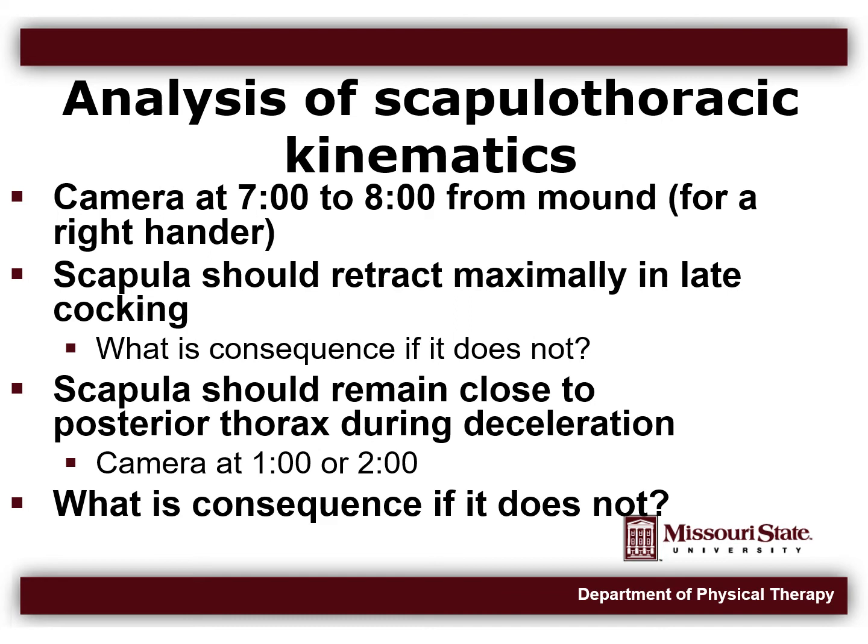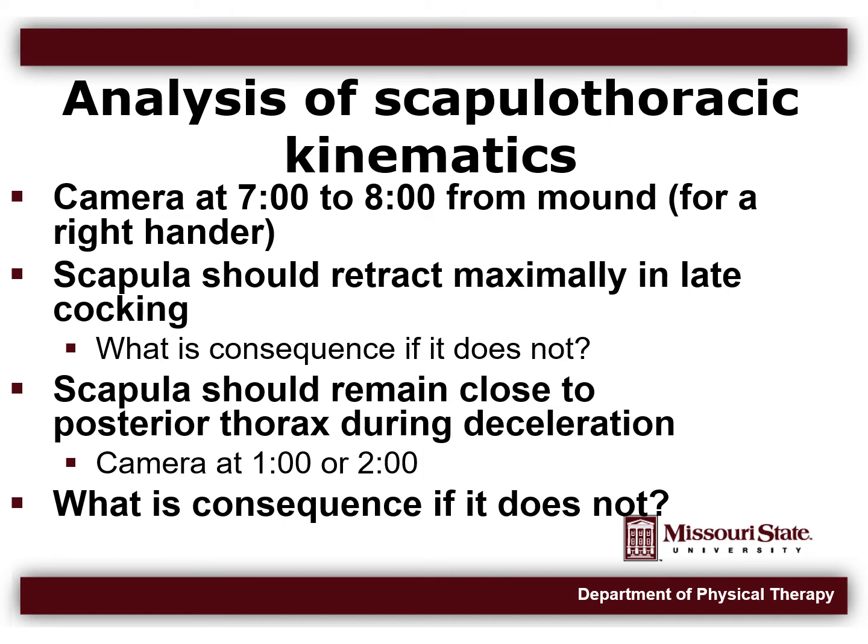And if you don't see that, that means that probably the pitcher or thrower is experiencing hyperabduction of the glenohumeral joint in the transverse plane, so horizontal hyperabduction. And we talked about the consequences of that relative to increasing the chances of internal impingement or SLAP lesion from the peel-back mechanism.